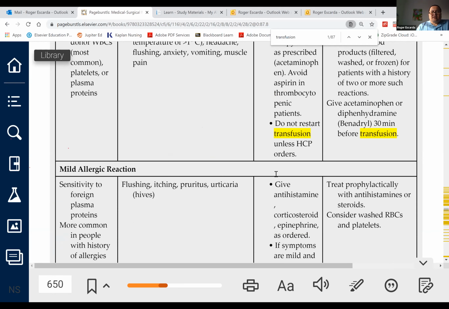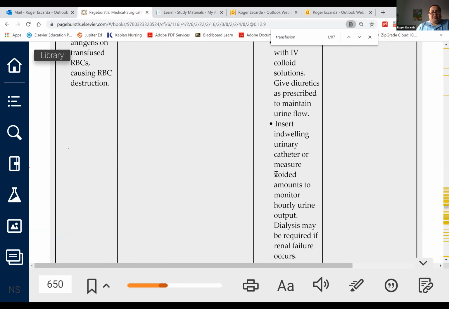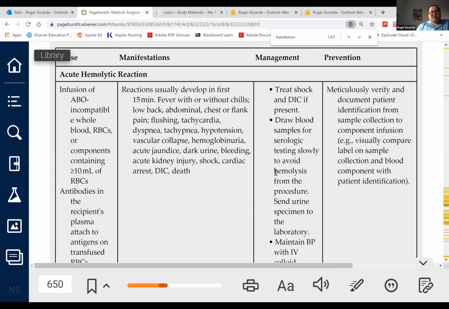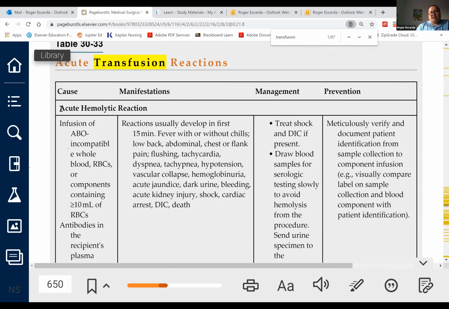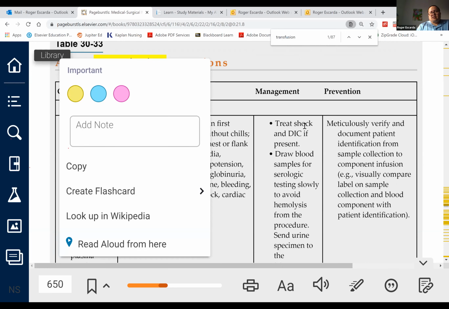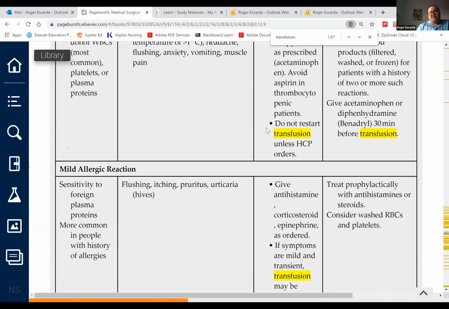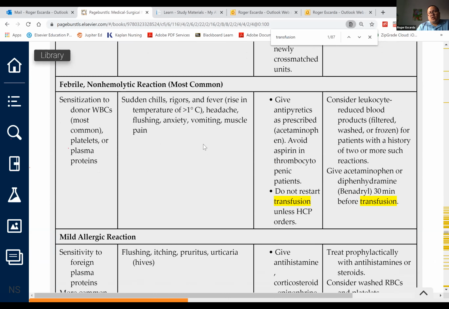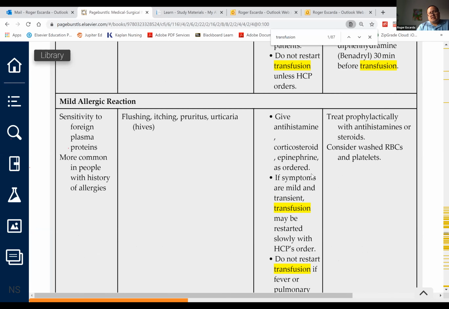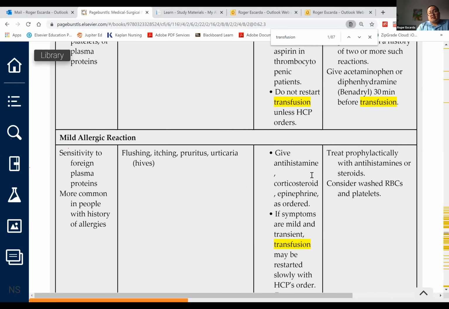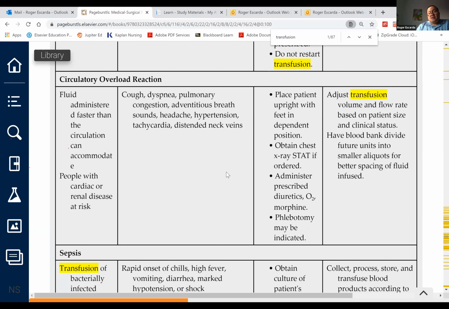Some of them are quite simple. Again, the most serious is this one. This will kill the patient because they can go into acute kidney injury. That's the most serious. Although we do have febrile. Febrile is not always cause for concern. Unless the temperature spikes really high, then that's not febrile anymore. That's now called sepsis.